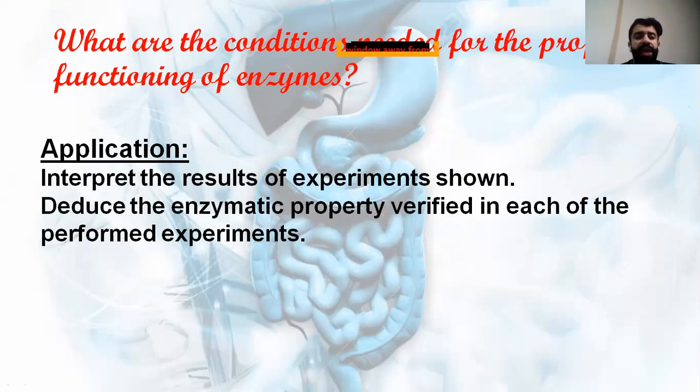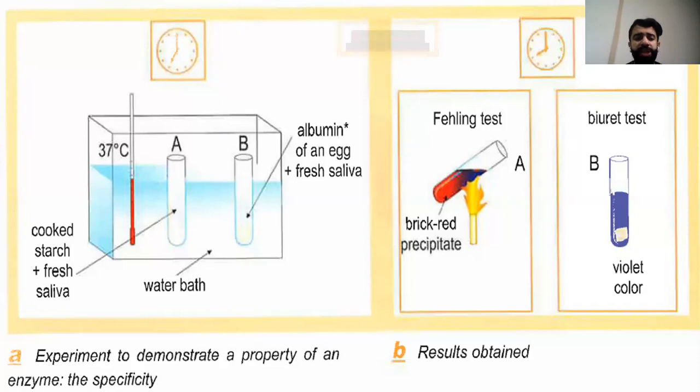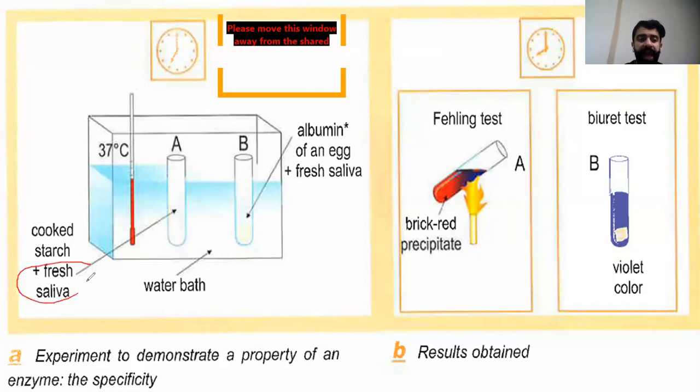Here, interpret the results of experiments shown, deduce the enzymatic property verified in each of the performed experiments. So in this experiment, we have two test tubes. Both tubes contain fresh saliva, meaning that it contains the enzyme salivary amylase.